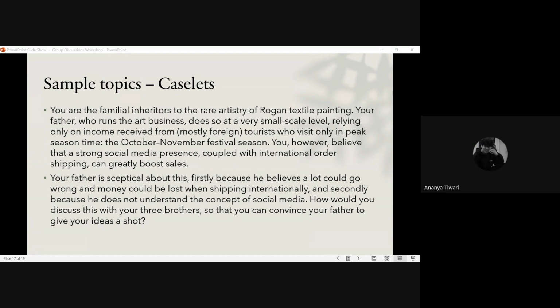We have to make a plan with our three brothers so that we can convince our father to sell their product on social media too, so that we can ship internationally too. But he thinks that there is a problem. So you need to convince your father. That is what you need to do. Very good. That is very good.